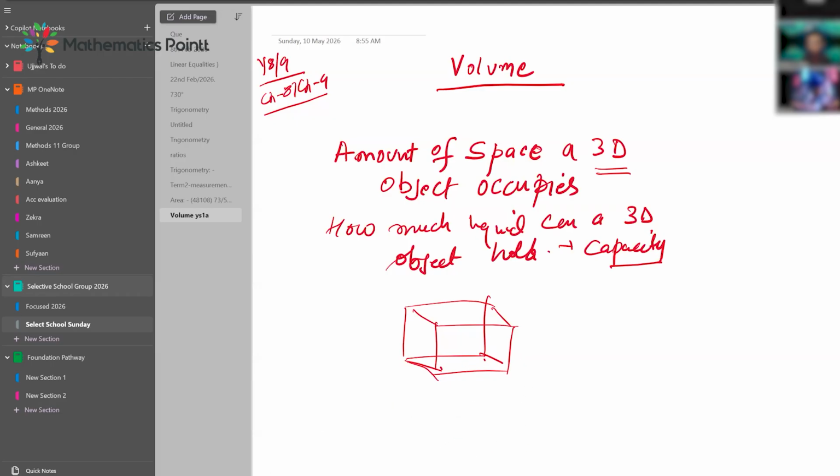Now, whenever we draw a 3D object, it says three dimensions. So the three dimensions are the length, the width, and the height. So in this scenario, that's the length, the width, and the height.